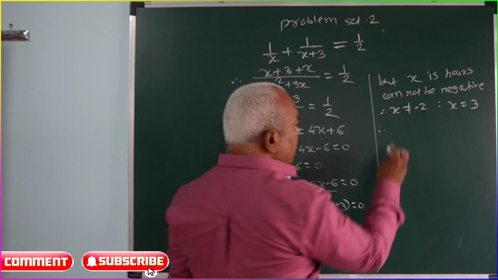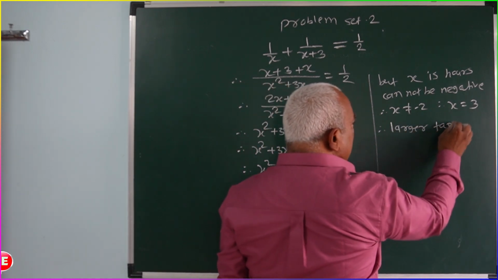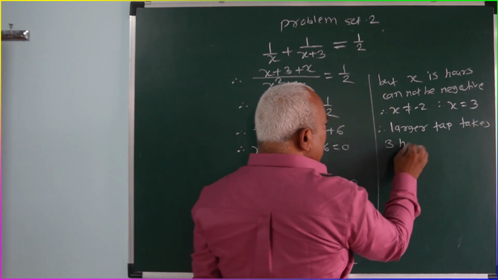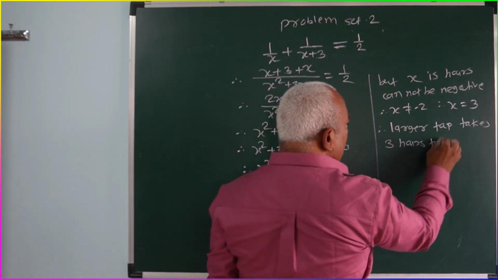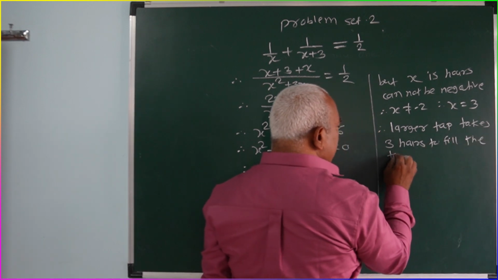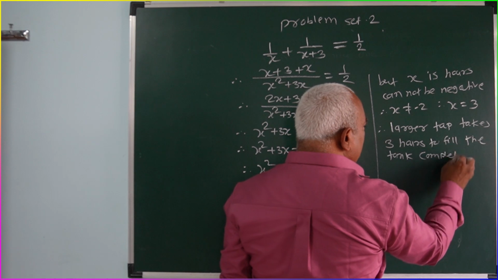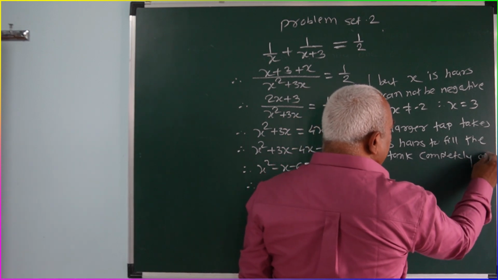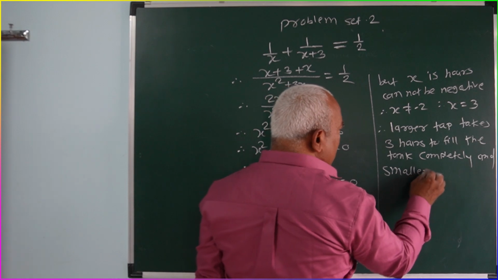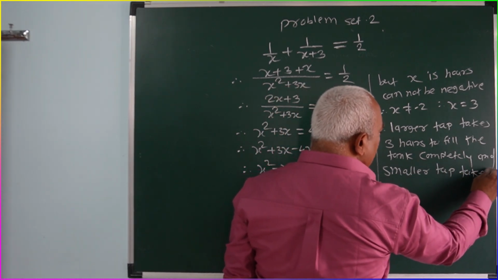X means the larger tap. Therefore, the larger tap takes 3 hours to fill the tank completely, and the smaller tap takes, how much?